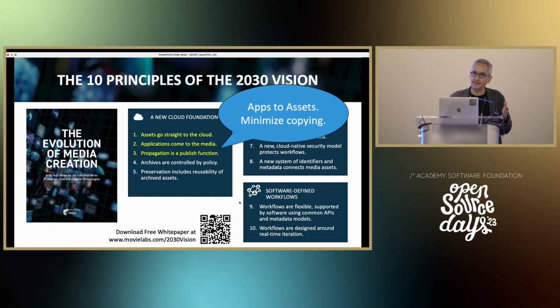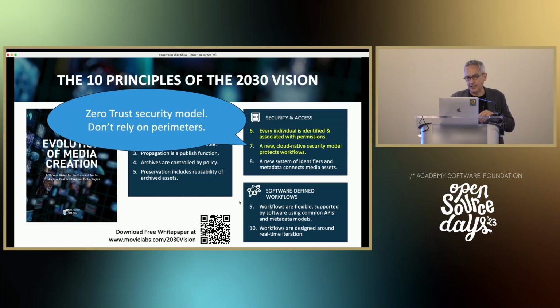A side effect is that when I do propagate assets, within a production, across departments, or to vendors, that publication can be just a publish function where there's a permissions change and a message notification saying, hey, you can go over to this S3 bucket and get your stuff. We think that's a paradigm change.